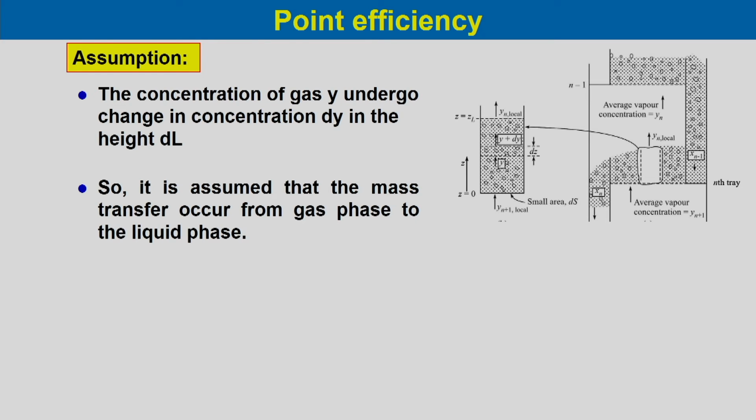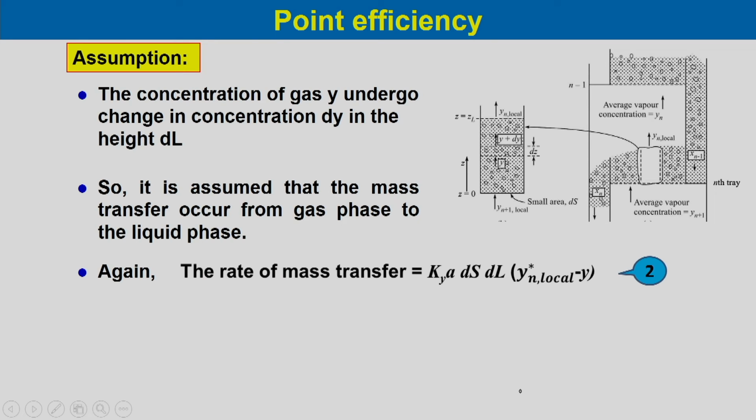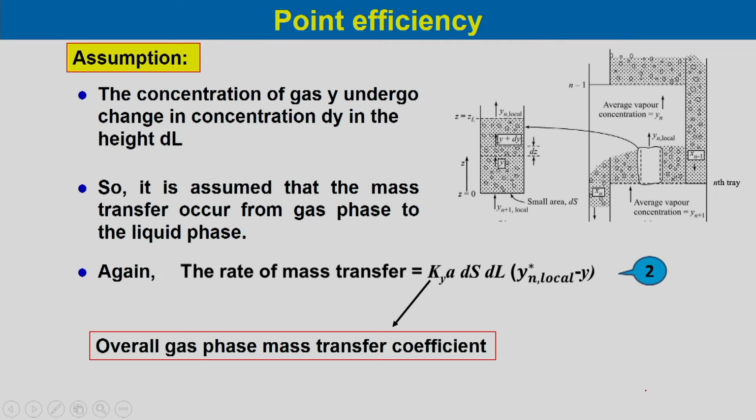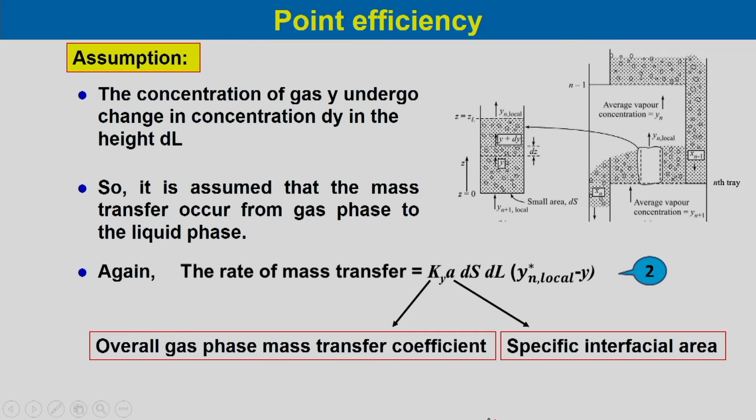The rate of mass transfer from the gas phase to the liquid phase can also be written as Kya into ds into dl into yn star local minus y. Here capital Ky is the overall gas phase mass transfer coefficient and a is the specific interfacial area, which is area per unit volume of the liquid.